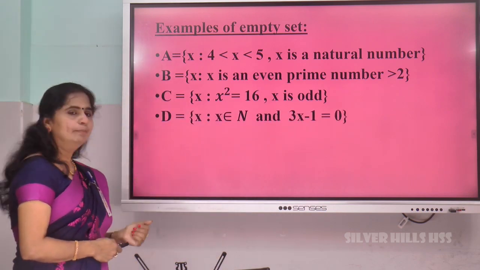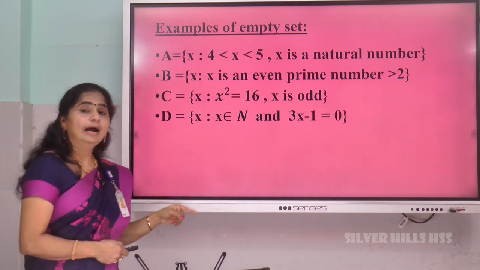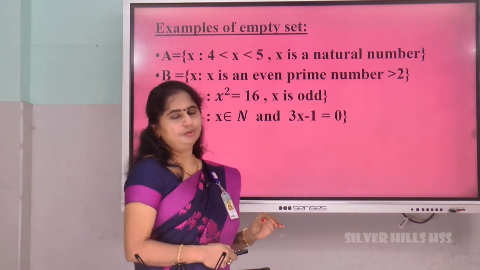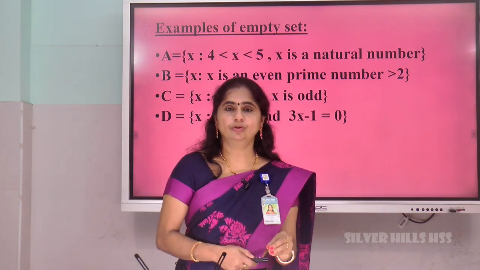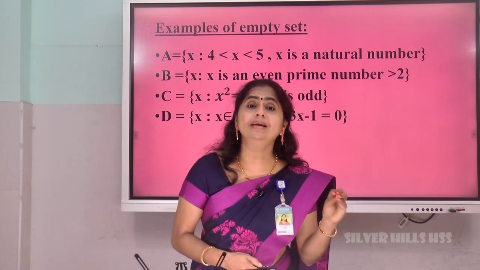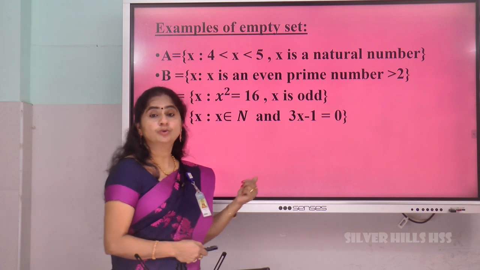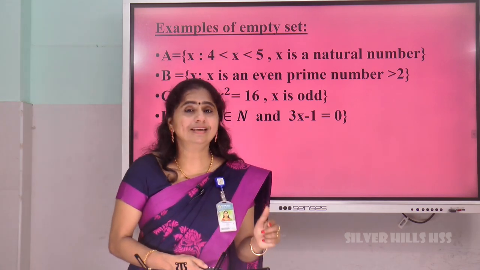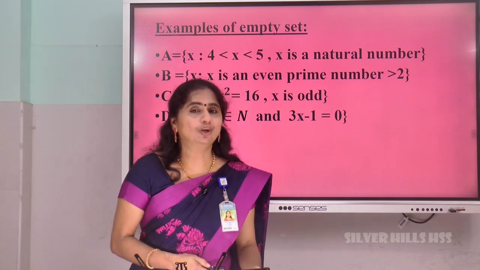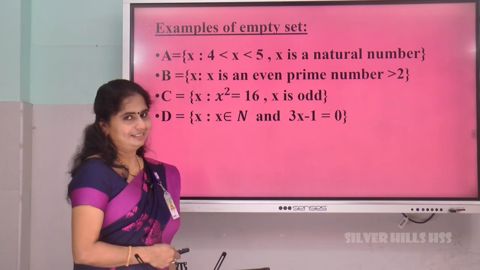See the next example, set of all x such that x is a natural number and 3x minus 1 equal to 0. So when you solve 3x minus 1 equal to 0, the resulting answer should be a natural number. So let's see, when 3x minus 1 is equal to 0, we get 3x is equal to 1, which means x is equal to 1 by 3, and surely it is not a natural number. So this is again an empty set.